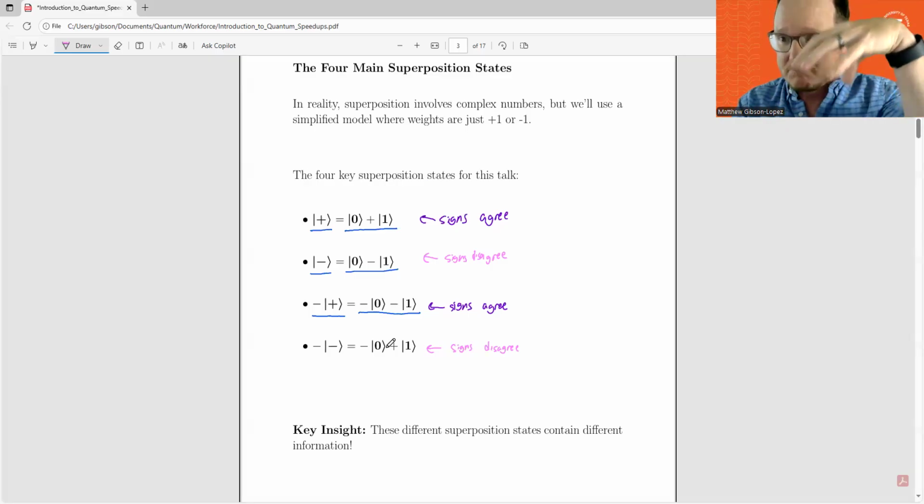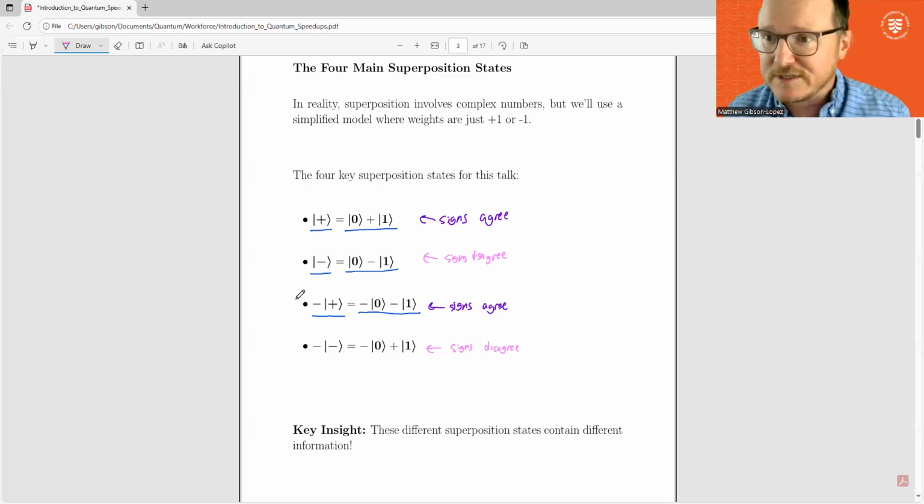If I've got a box that has one of these four superposition states inside of it, and you walk into the room and look at it, you can say, "Oh, there's a box there. There's a qubit there." But you have no way of knowing what's inside of the box. I know because I put it into the state. I have the power to put it into one of these states. But if you come in and look at it, you won't be able to tell the difference between these four things.